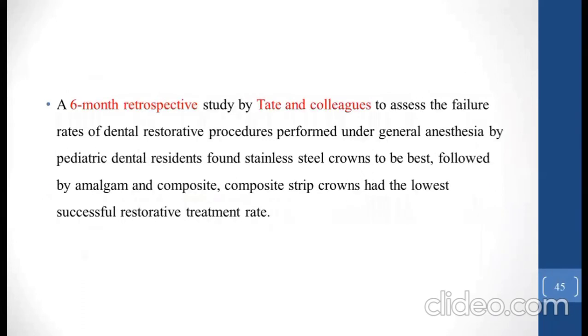Another study by Tate and colleagues, a 6-month retrospective study to assess the failure rates of dental restorative procedures performed under GA by pediatric dental residents, found stainless steel crown to be best, followed by amalgam and composite, and the composite strip crown had the lowest successful restorative treatment rate.